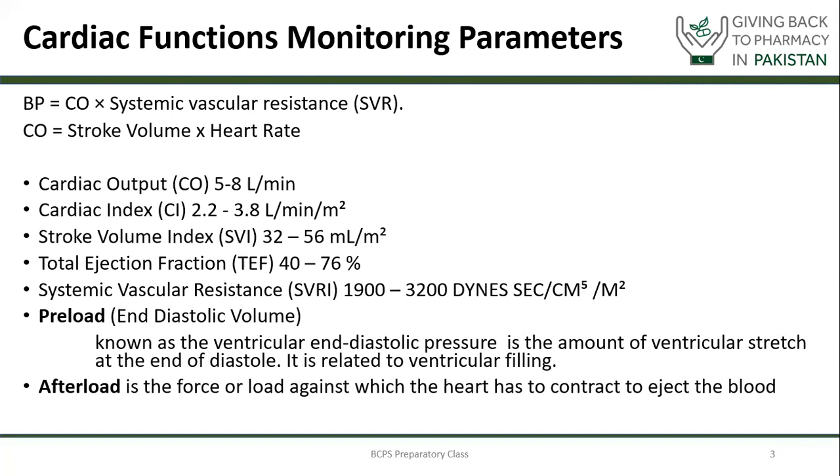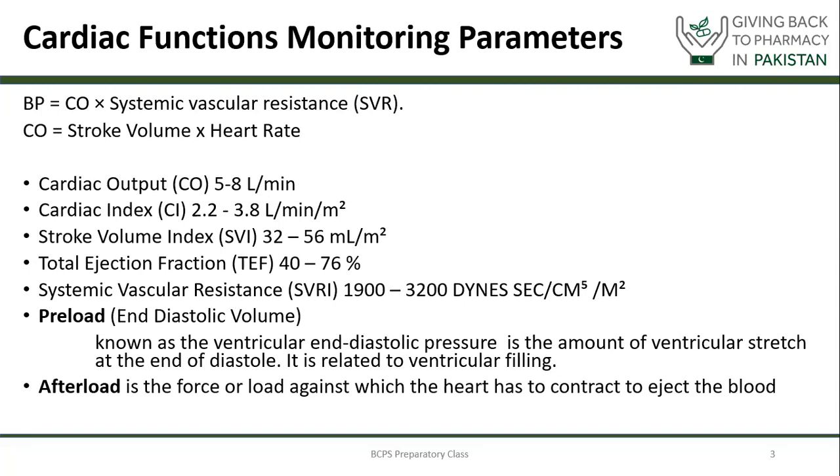Stroke volume is the volume of blood which the heart pumps out in a single beat, meaning one single time it contracts, the total volume it spills out. Multiplied by the heart rate, it gives the cardiac output.